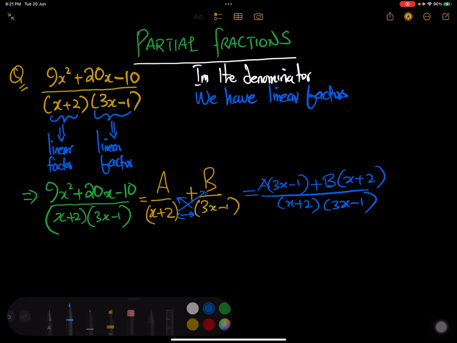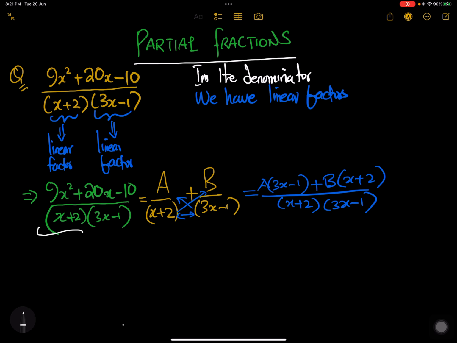So we can compare this whole thing with what is here. We can see that the denominator here is the same as the denominator there. If the denominators are the same, then the numerators also have to be the same, because what is separating them is this equal sign. We are saying that the left hand side is equal to the right hand side, and because the denominators are the same, the numerators are also going to be the same.